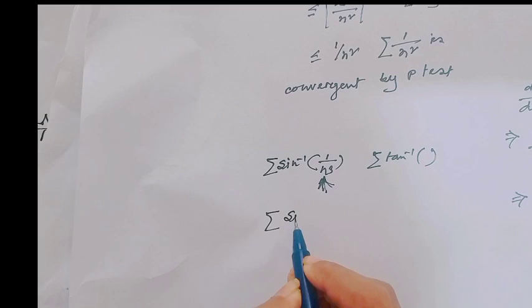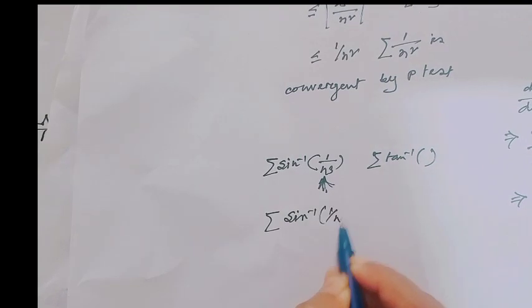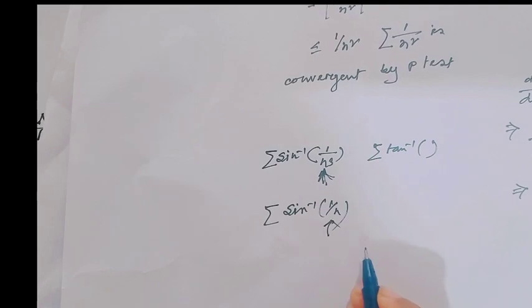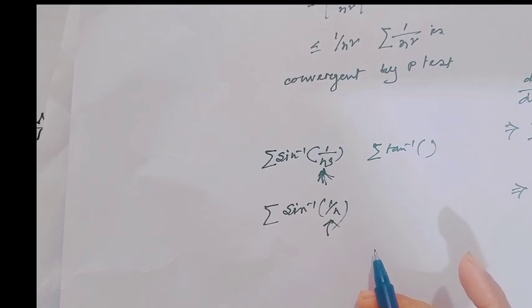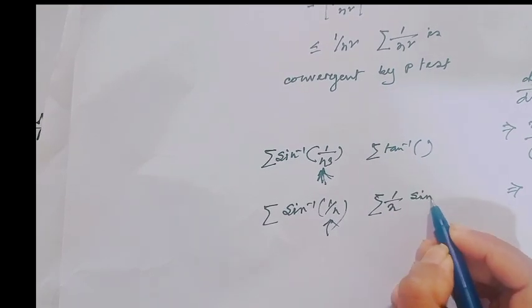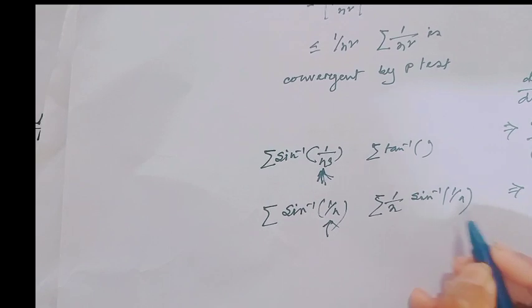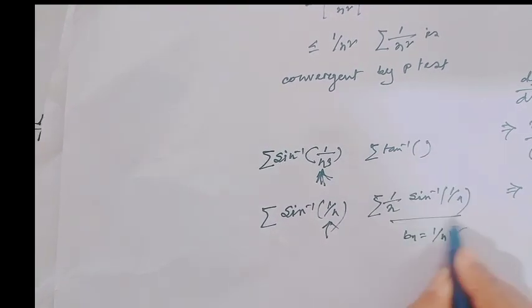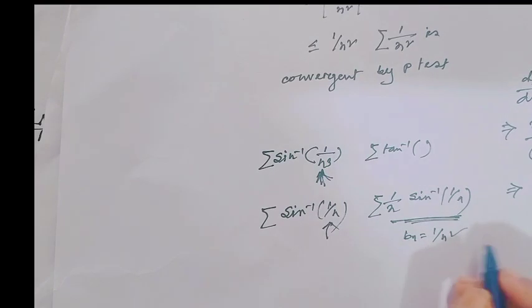But if we consider sin inverse 1 over n, this series does not converge because the bracket term is not convergent. This is the shortcut trick. Similarly, if we consider 1 over n sin inverse 1 over n, here we can choose bn equal to 1 over n square. So this type of series is also convergent.